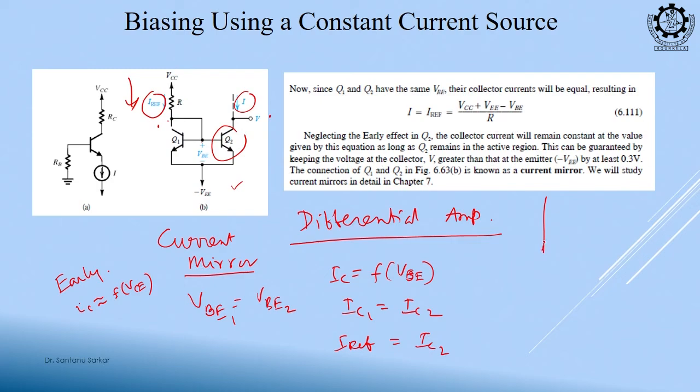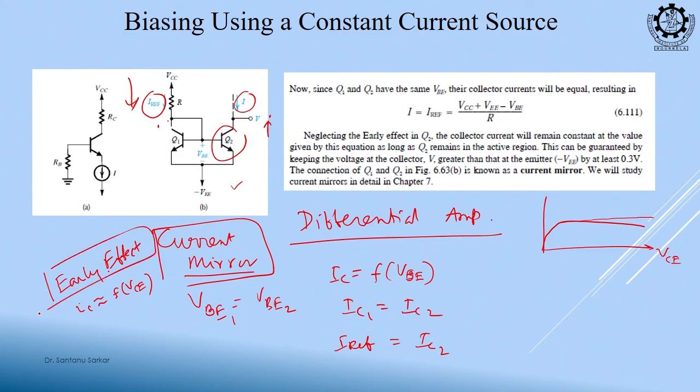If the current is constant, then you are done, they will be the same, but if your collector current is varying with VCE, then what will happen? If this collector potential is changing, this current will vary a little bit with it, but it is a small variation. Still you can neglect this Early effect and assume that these two currents are the same.